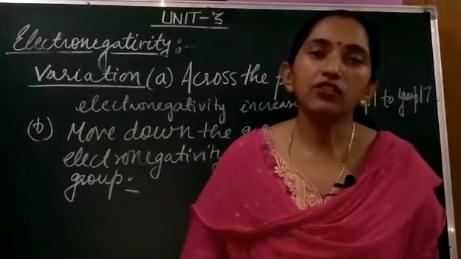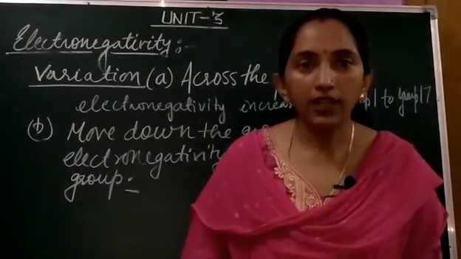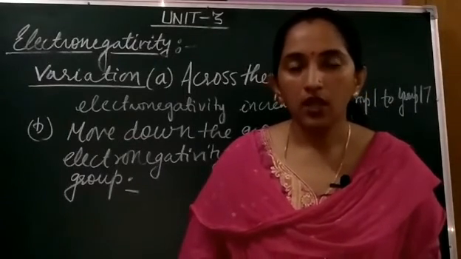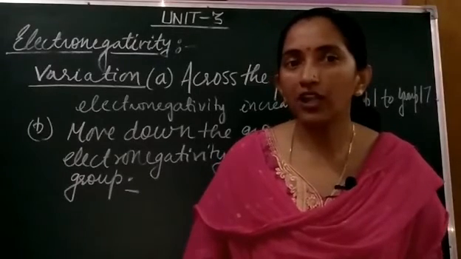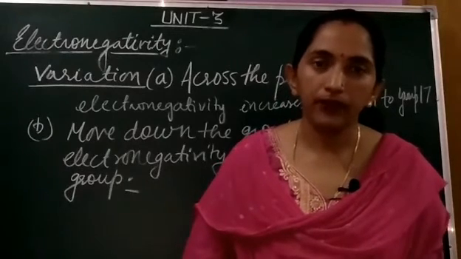The element with the greater value of electronegativity will definitely be a non-metal. It will show non-metallic properties. Whereas the element with the lower value of electronegativity will show the metallic character, right?